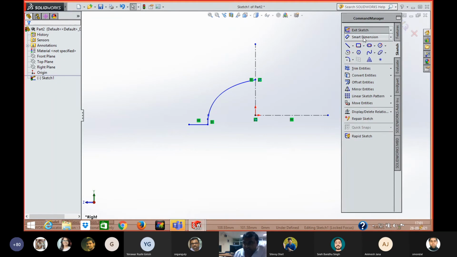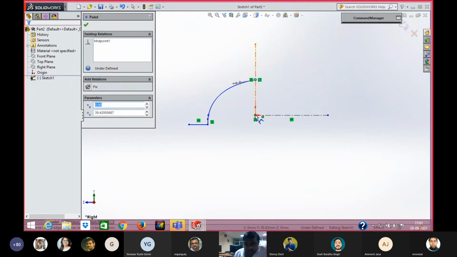Also you can give the dimension, the distance between these portions, or the total length. Suppose from here to here, we have taken 200 mm dia of the cell.